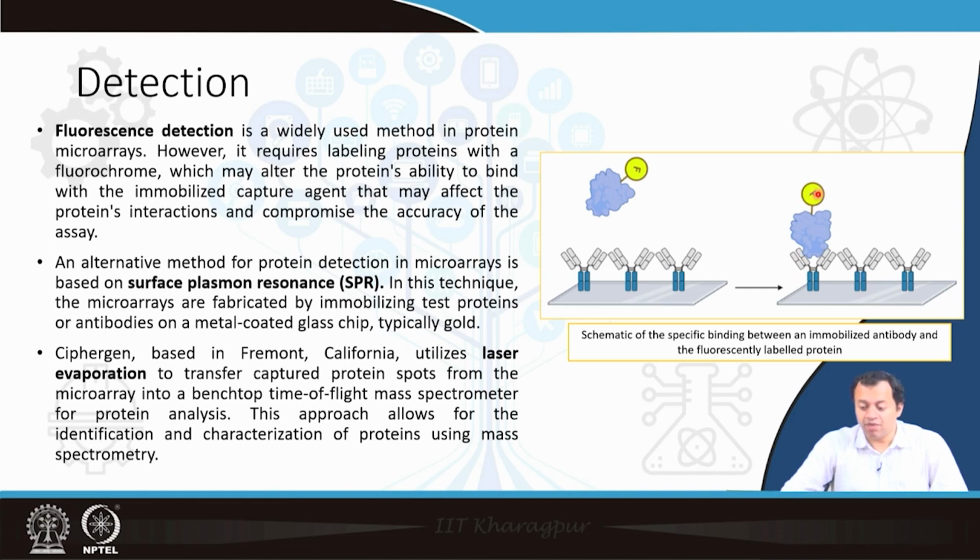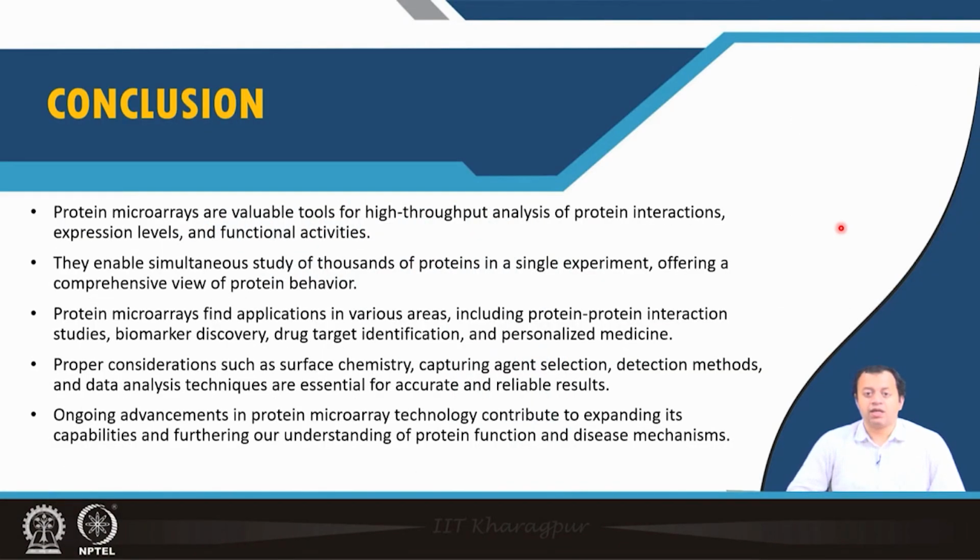Thereby, without the fluorescent label, you can see if the complementary attachment has happened, and thereby you can comment on the presence or absence of specific proteins in the sample that you have collected. So, yeah, that is basically the end of chapter number 6.